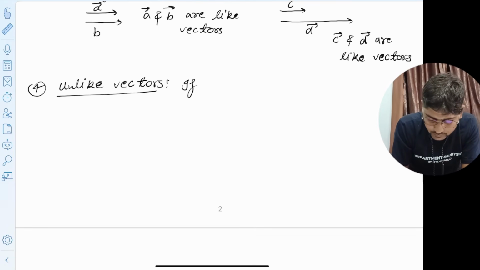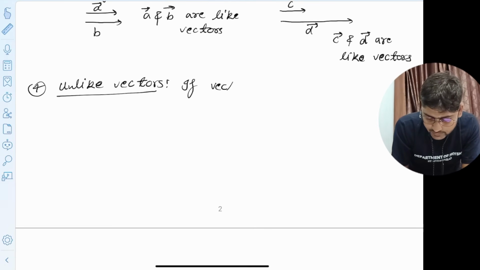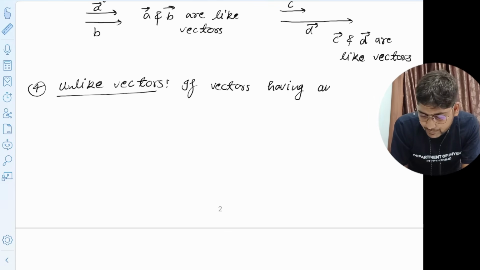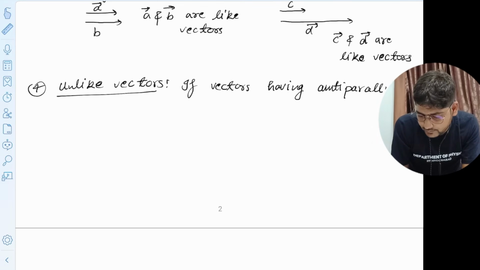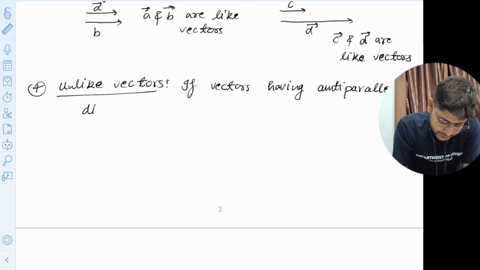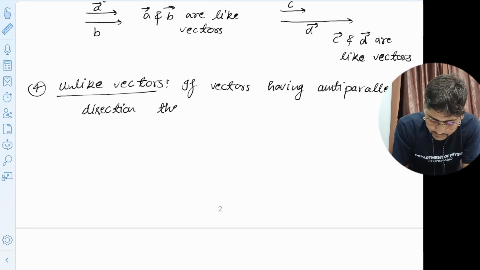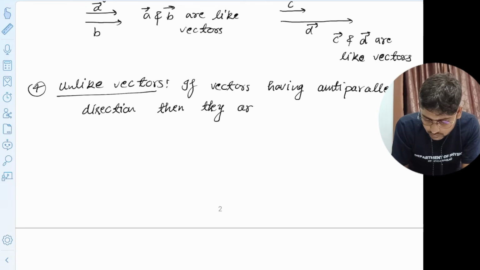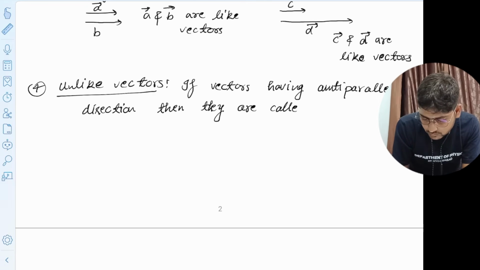If vectors having anti-parallel direction, then they are called unlike vectors.